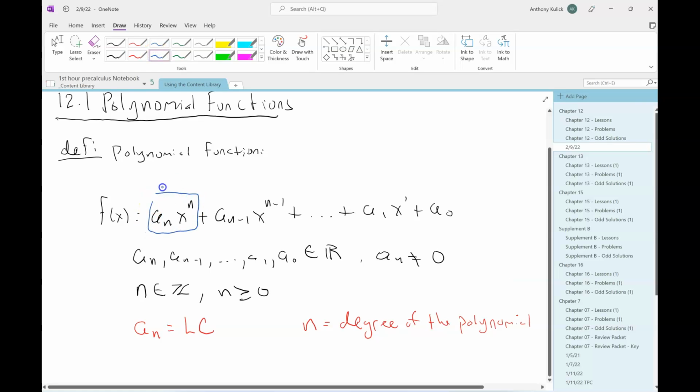And then each of these pieces in between the addition signs, we would consider a term in the polynomial.